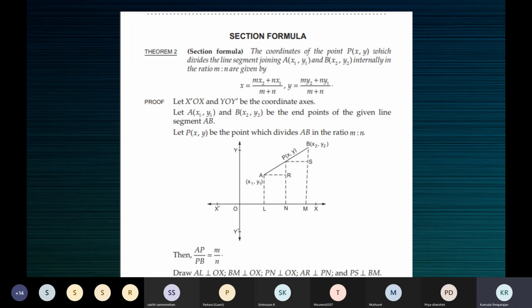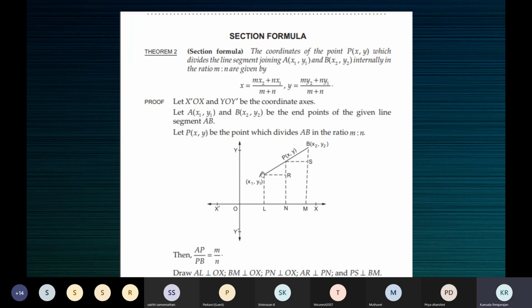Okay, now what is section formula? When to use section formula? Now, in the Cartesian plane, while using the distance formula, we saw that we have 2 points in the Cartesian plane. So like that, say we have 2 points A and B here in the Cartesian plane given by the address x1, y1, x2, y2.